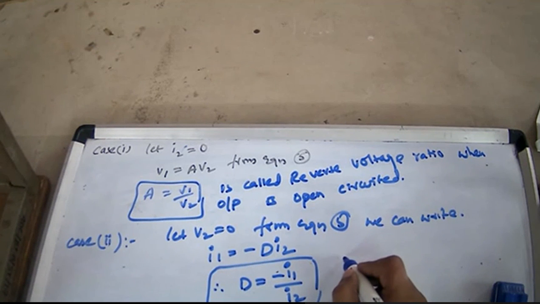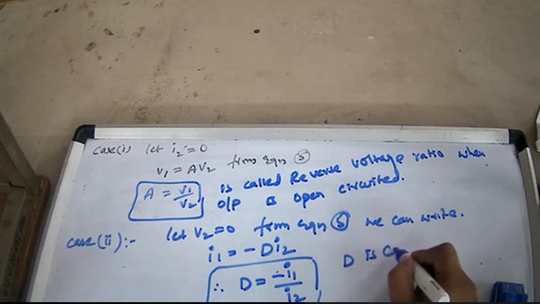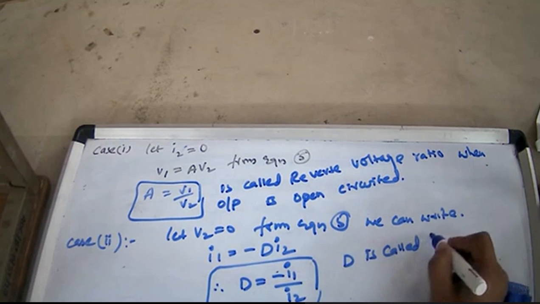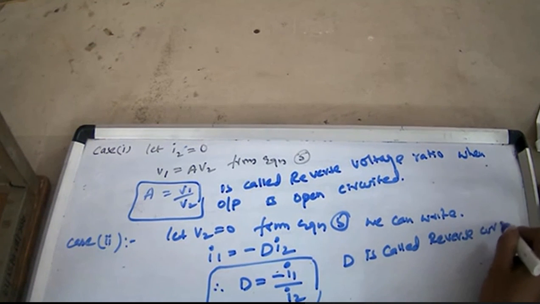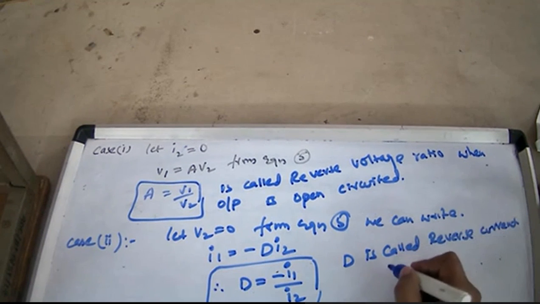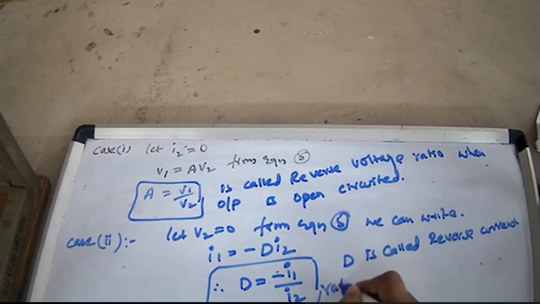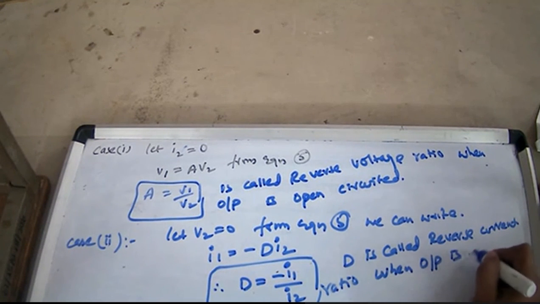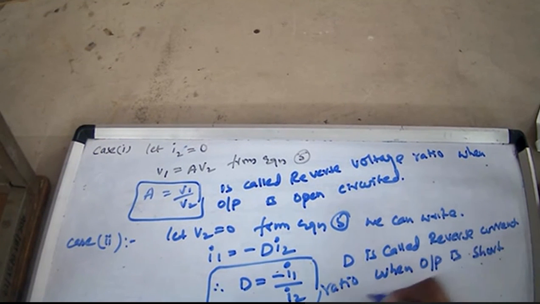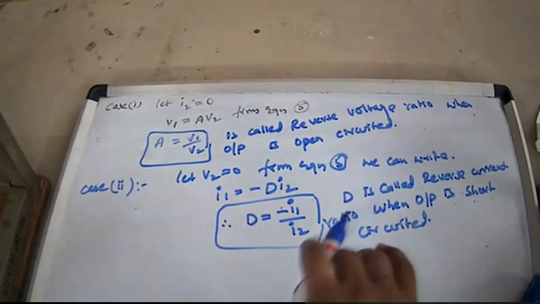So we can say that D is called the reverse current ratio when the output is short circuited. So this is our case 2.